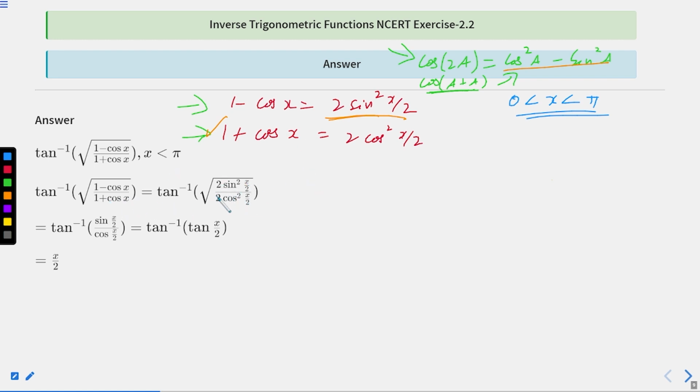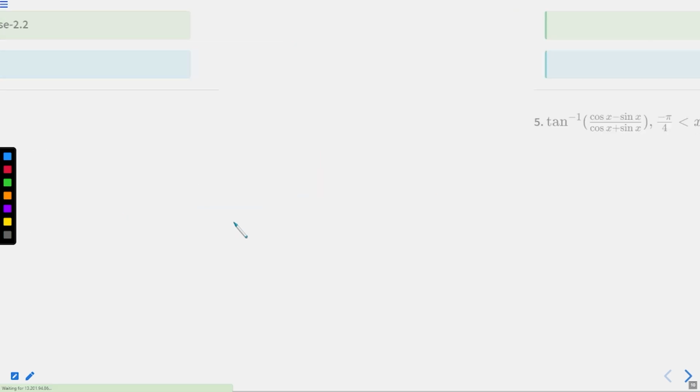So this means this will get cancelled, and this will be, in root, tan square x by 2, and this means just tan x by 2, as you can see here, tan x by 2. So tan inverse tan x by 2 will be x by 2. So this is the proof. And okay, I hope that now it is clear to you. Let's move to next question.